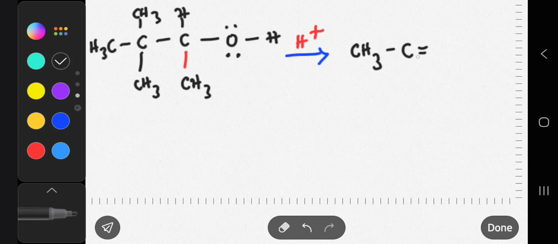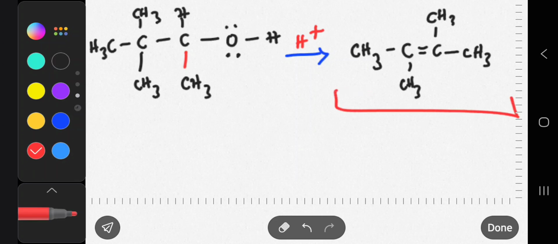We have a double bond here, then we have CH3, then we have carbon, then CH3 at the top, then a single bond here, then we have CH3. So essentially we want to show how this product was formed. As you can see, this is an alkene.